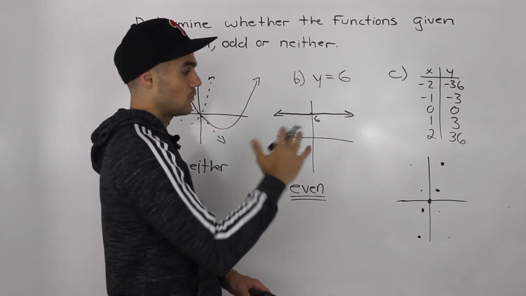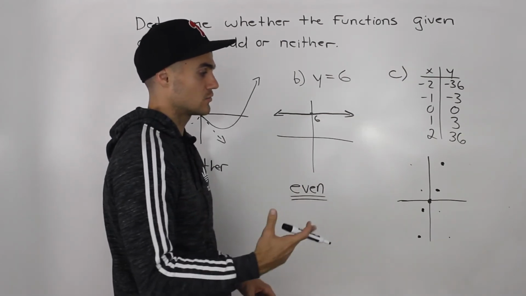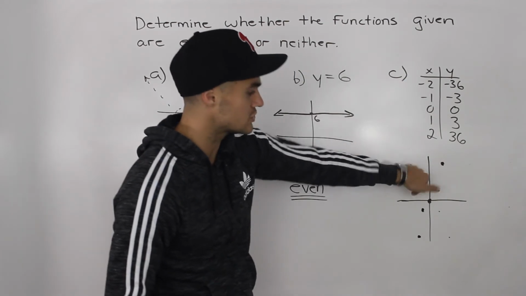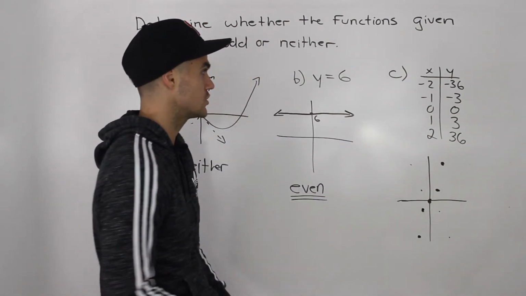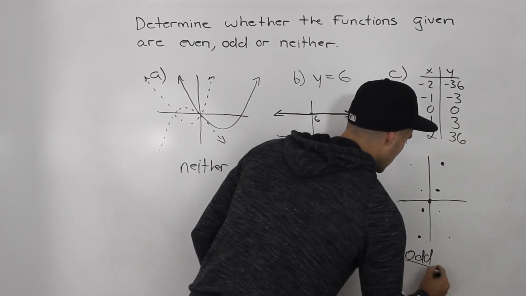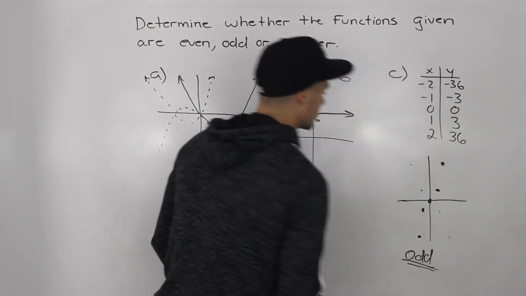So if you reflect in the y-axis and the x-axis, you get the original points. Another way to describe that is that these points are rotationally symmetrical about the origin. So we know that this function given with this table here is odd.